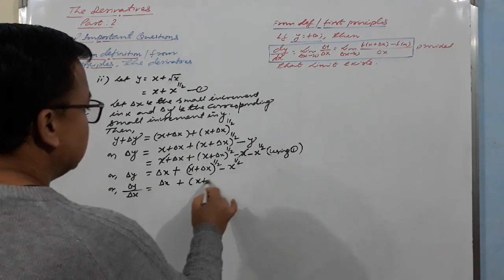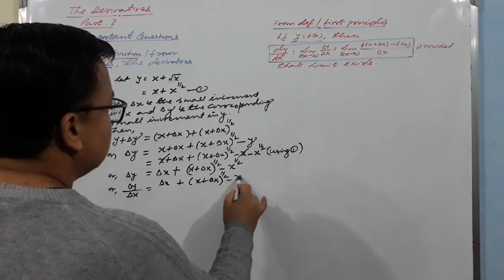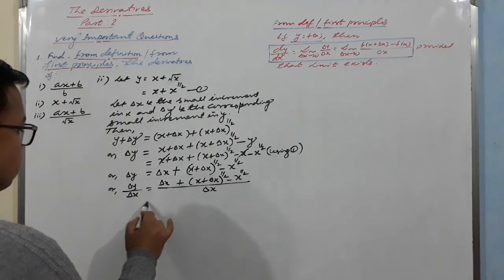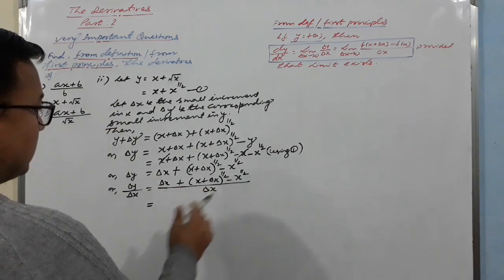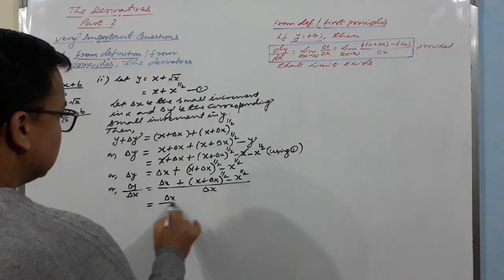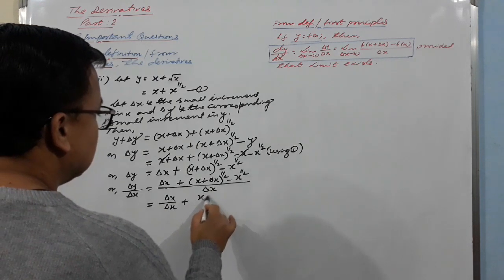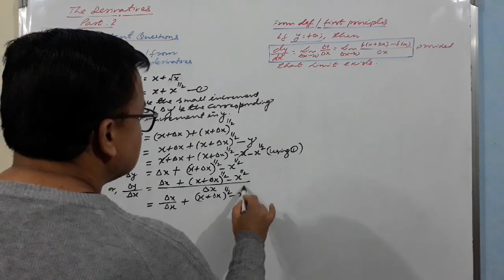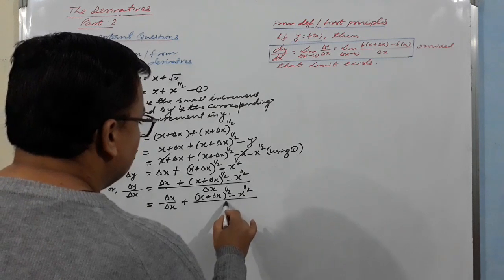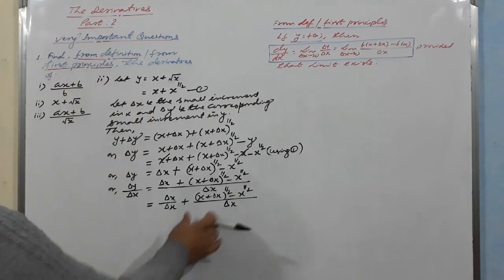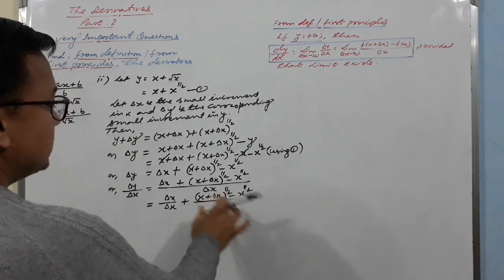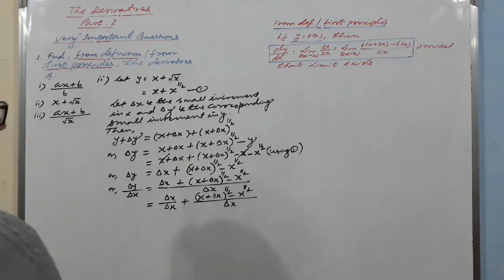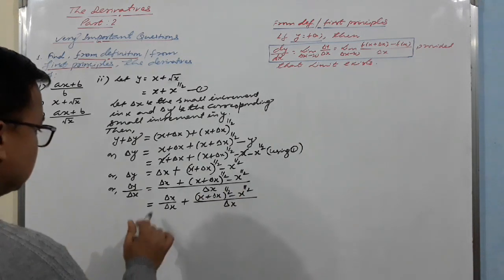So delta x plus (x plus delta x) raised to 1 by 2 minus x raised to 1 by 2, whole upon delta x, is equal to, now we'll write separately, delta x over delta x plus (x plus delta x) raised to power 1 by 2 minus x raised to power 1 by 2, whole over delta x, because we can get this in a formula, that's why I have kept it as one whole term.